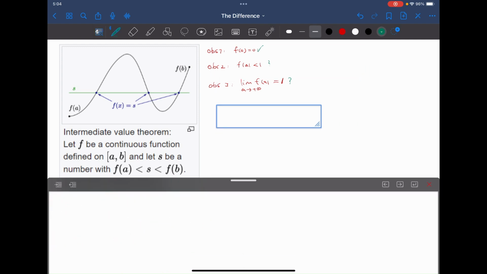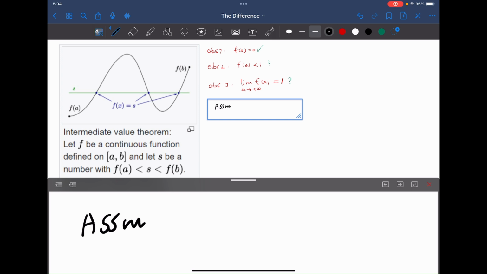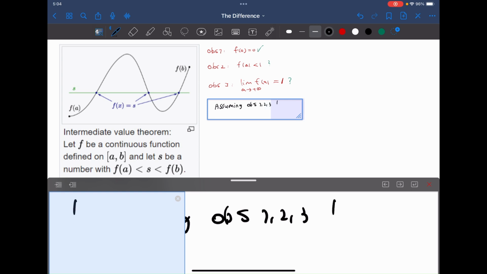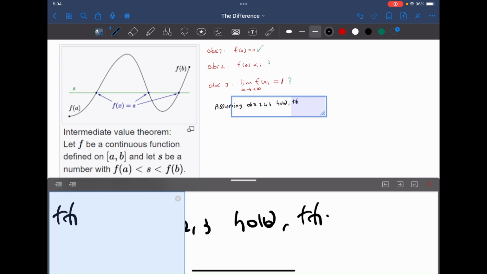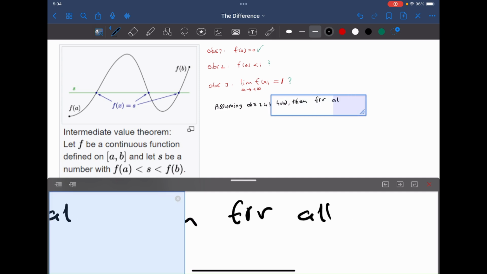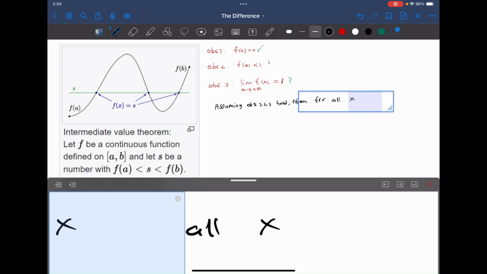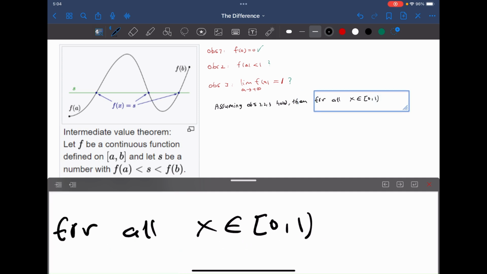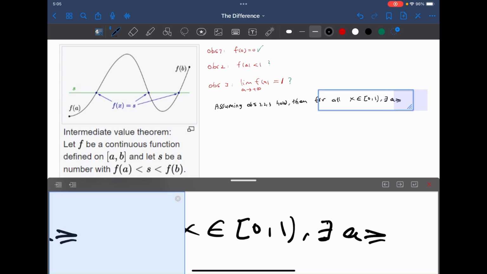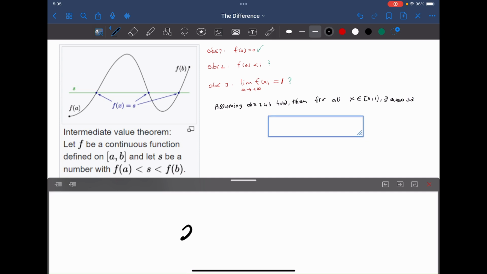And so the answer is, assuming observations 1, 2, 3 hold, then for all x between 0 and 1, 0 included, 1 excluded, there exists, this is a notation for existence, there exists a non-negative a such that x is equal to f of a.